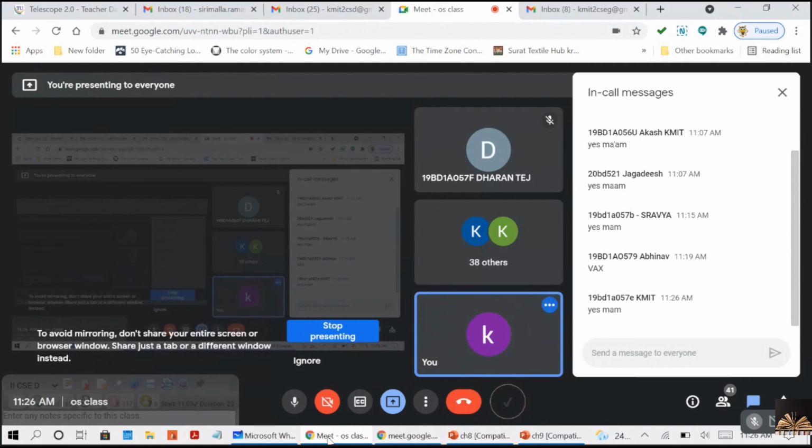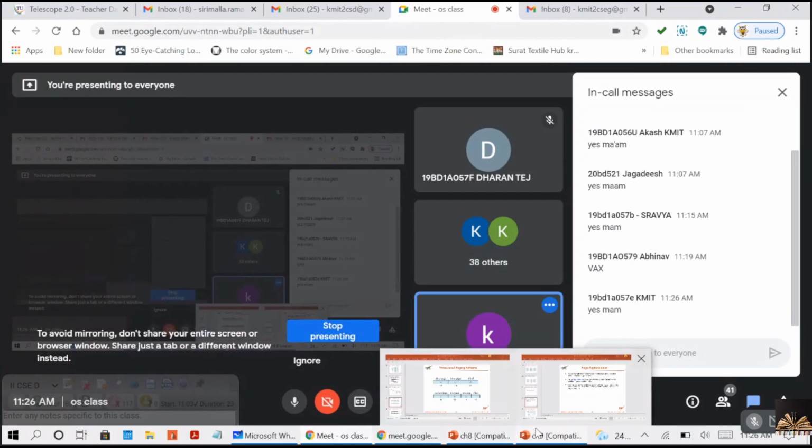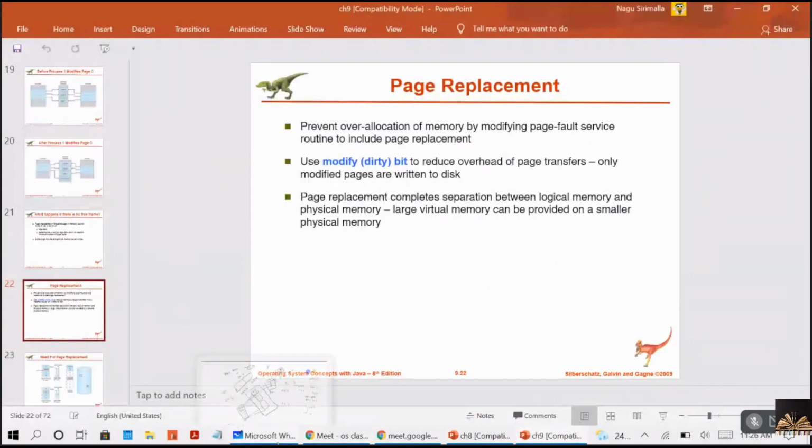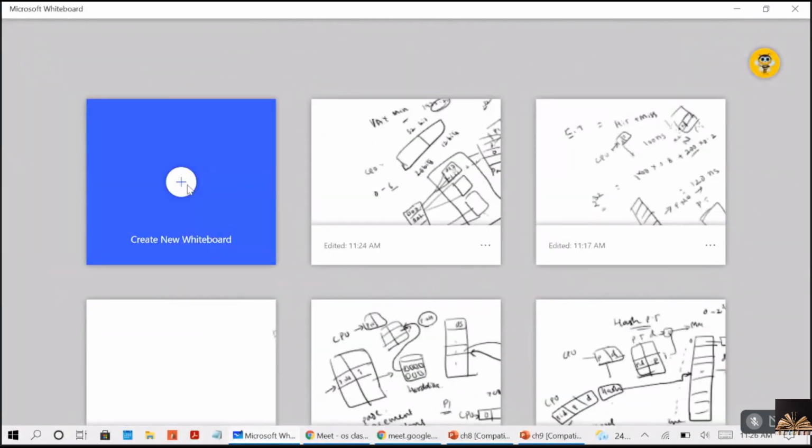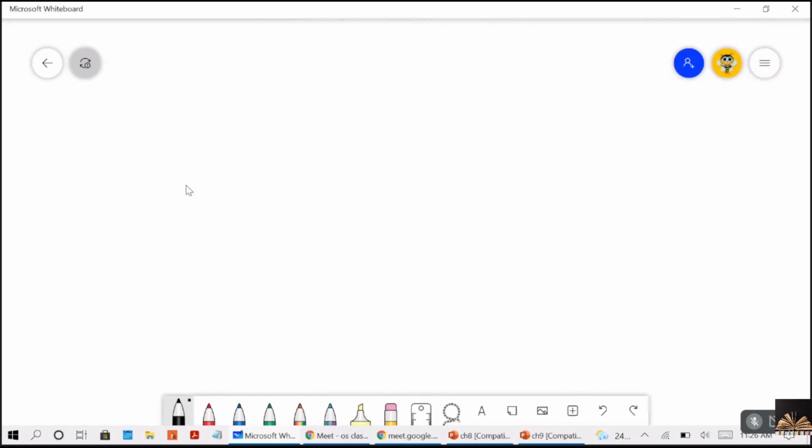Hashing. If you see the hashing, it is a very simple one. I'll draw and show you. Very simple. See how the hashing can be implemented: you are storing the page numbers in the hash table.